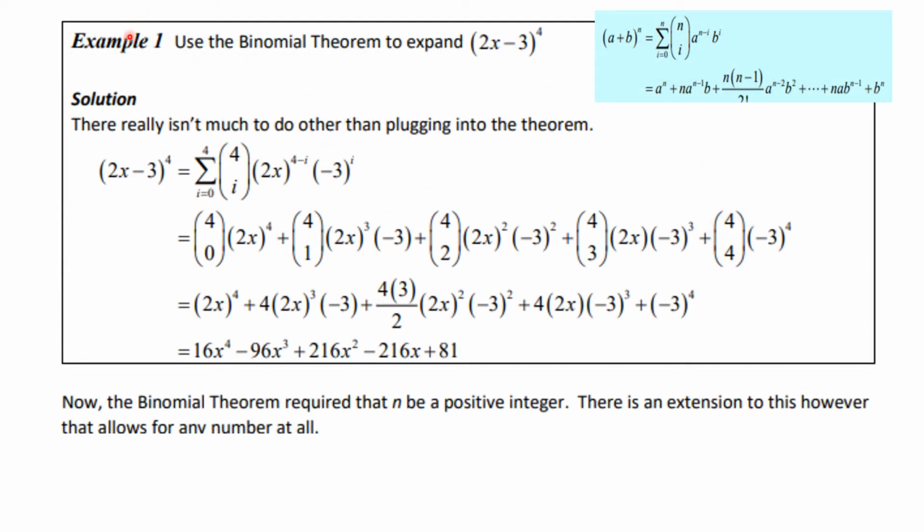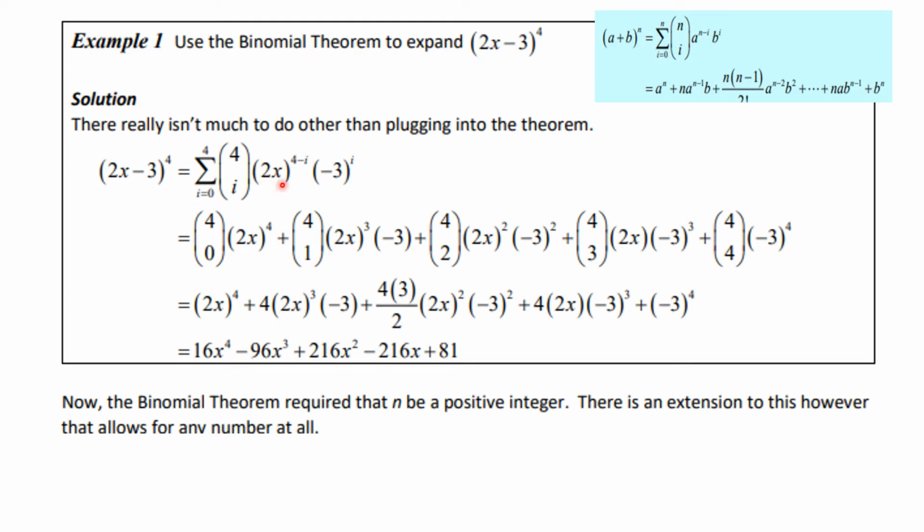Let's use an example of this earlier theorem. Here we're going to use the binomial theorem to expand 2x minus 3 whole to the 4th power. Here the role of a in the theorem is being played by 2x, and the role of b in the theorem, notice there's a plus sign there, is being played by minus 3. So we substitute in and do some simplification. So 2x minus 3 whole to the 4th is this summation.